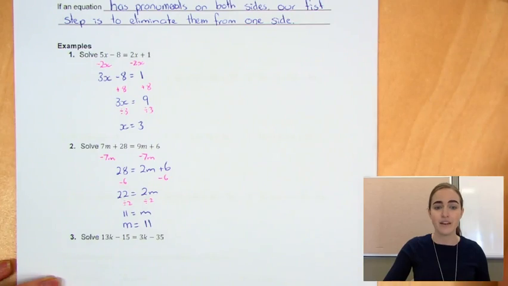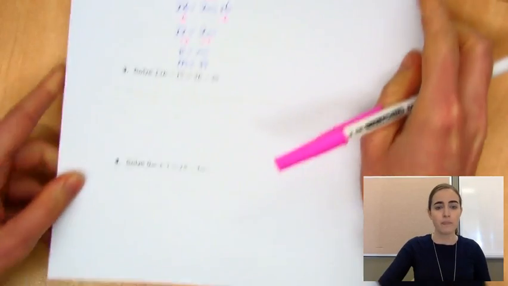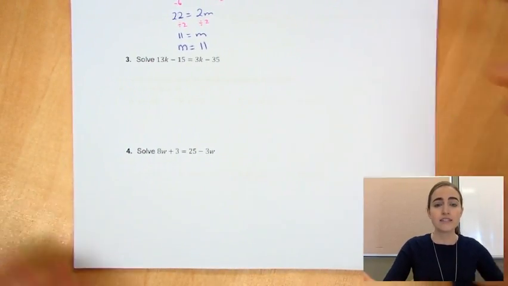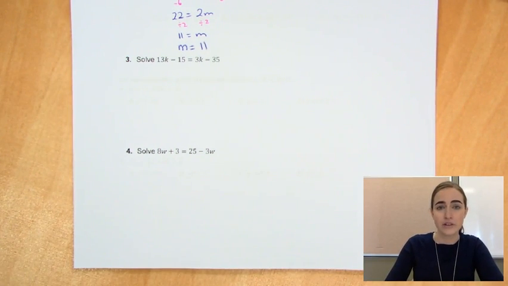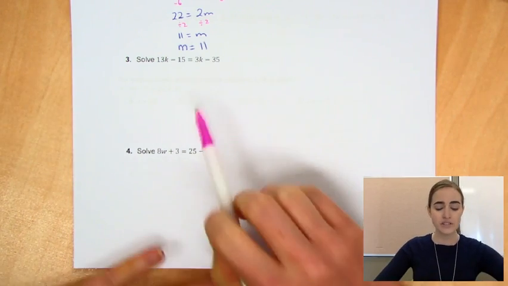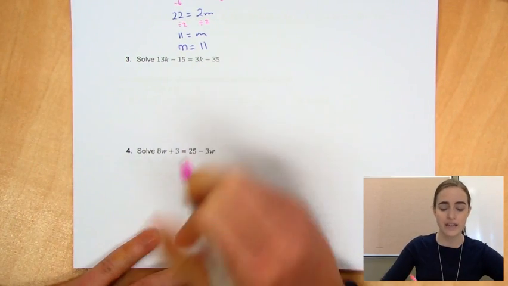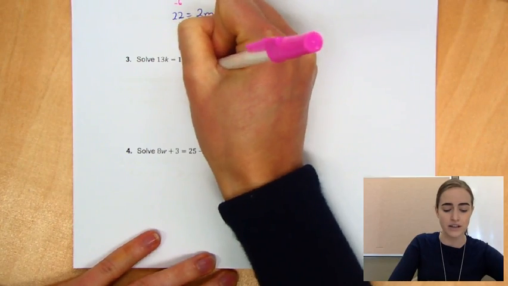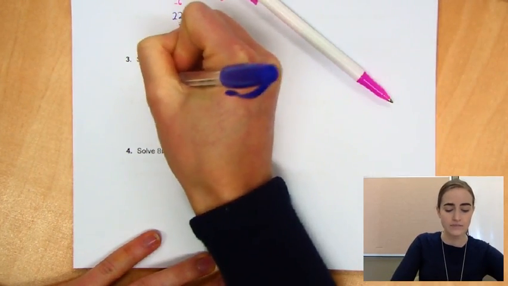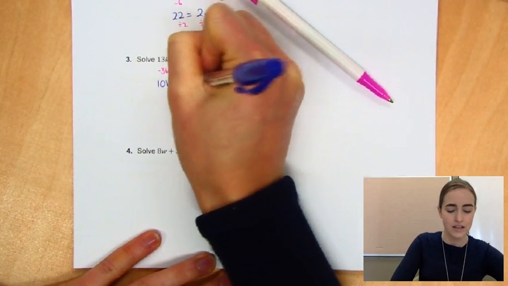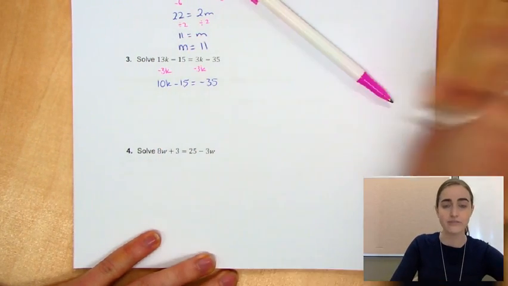All right, let's have a look at a few more. So question 3 says solve 13k minus 15 equals 3k minus 35. So again, we're going to get rid of the smaller one. So we'll get rid of that 3k. We'll subtract it from both sides. We'll end up with 10k minus 15 equals minus 35.